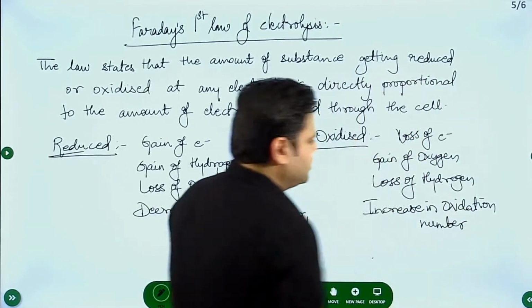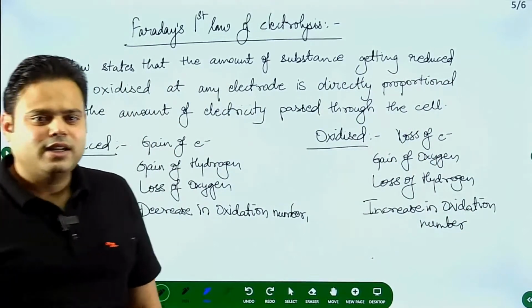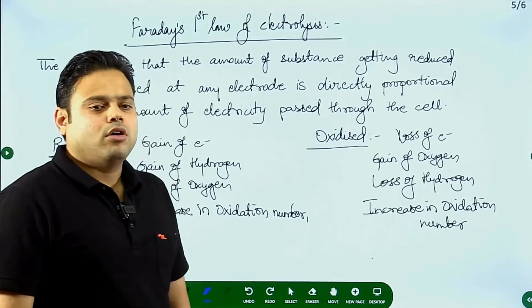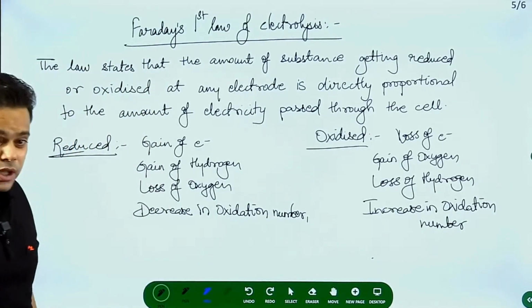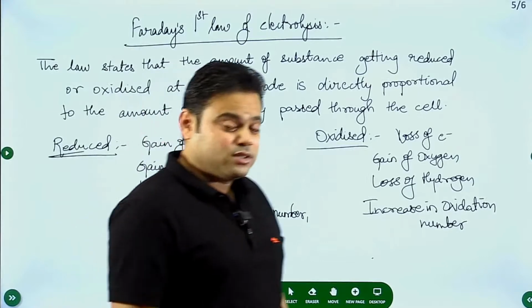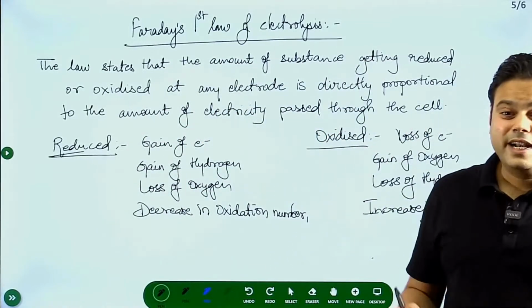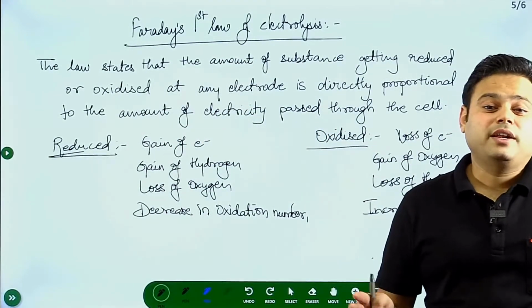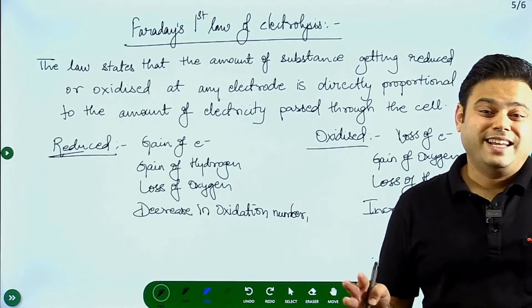These are the factors by which you will identify whether something is oxidized or reduced. ये exactly opposite हैं एक दूसरे के, and this helps us to also identify and balance out the reactions which take place in a cell.